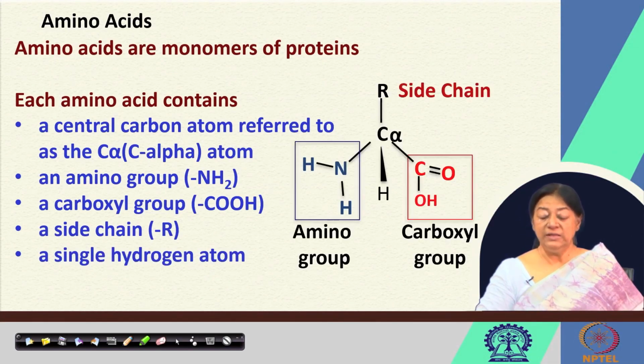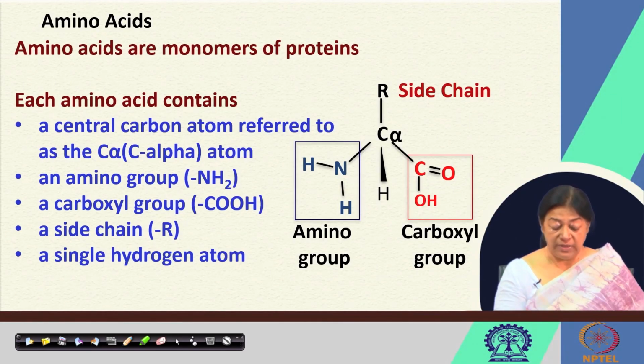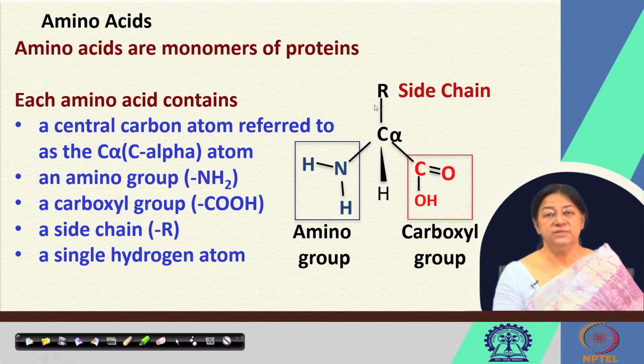That means if we look at this central C alpha carbon atom, we see that it is connected to what? An amino group represented by the NH2, a carboxylic acid group represented by the C double bond OH, the side chain and the hydrogen. Now we realize that this R group is variable in nature. What does this mean? It means that this R group can be several types, which we will see in a few slides.